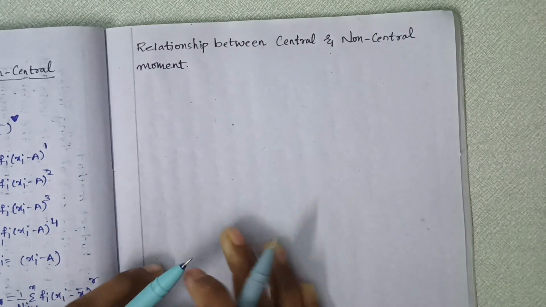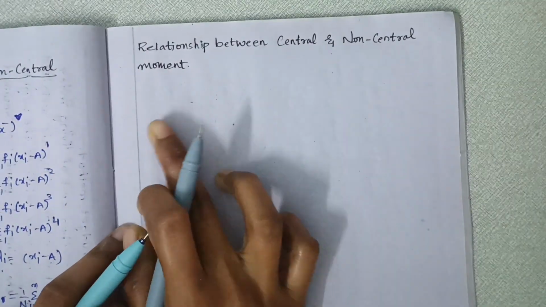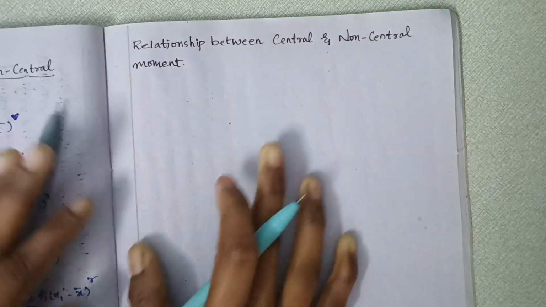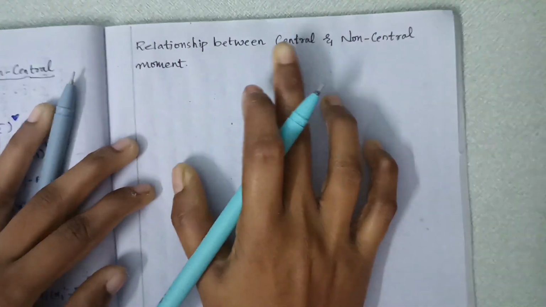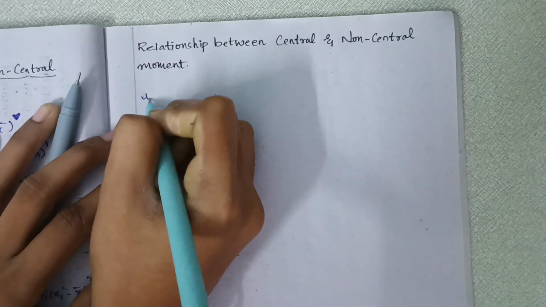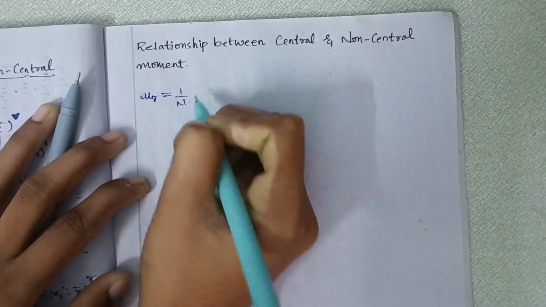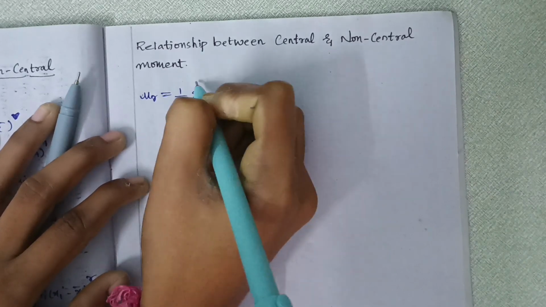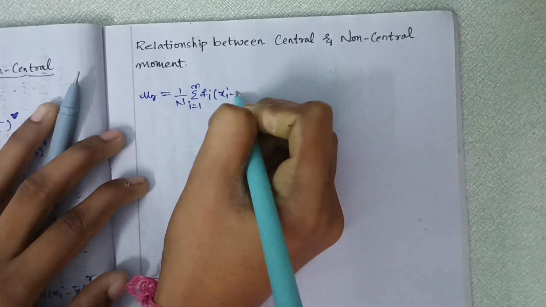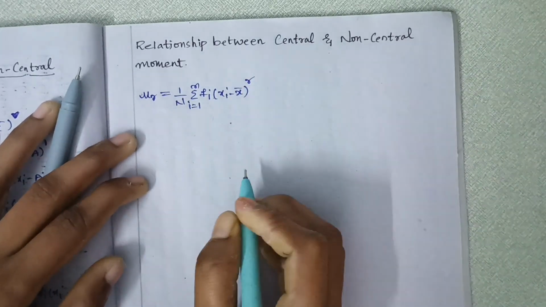Today we are going to see about the relationship between central and non-central moment. So first we will denote and write the formula of central moment and the non-central moment. Therefore central moment is denoted as mu r, which is equal to 1 by n summation i equals 1 to n fi into (xi minus x bar) whole to the power of r.